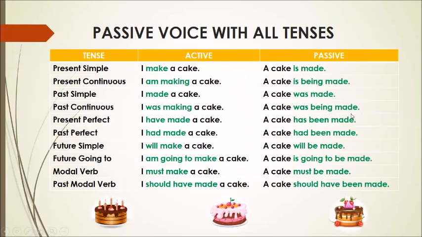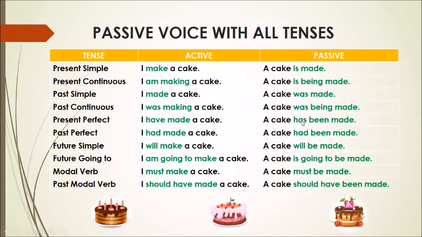Past simple. The past simple for the verb to be is was. A cake was made. Remember that here we have were if it is plural. Past continuous, was being made. Present perfect, has been made.